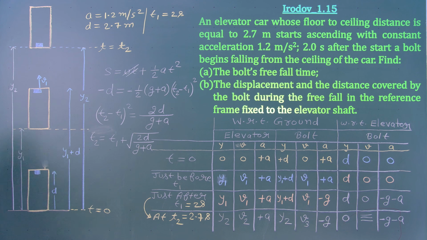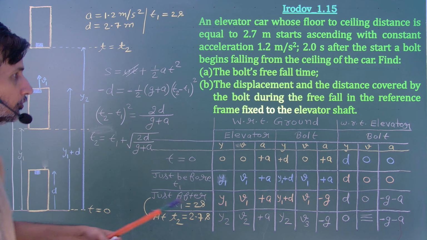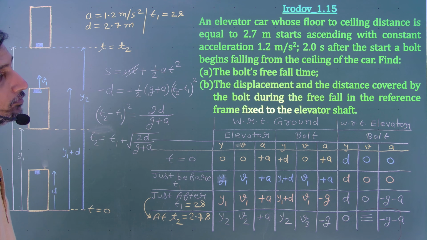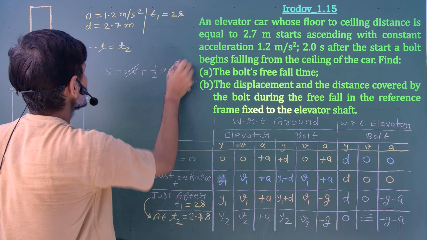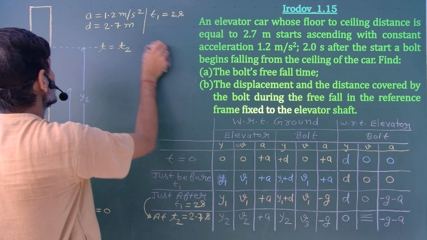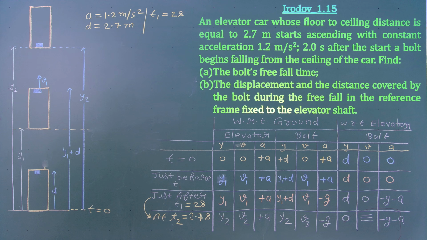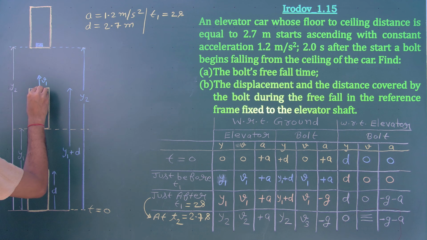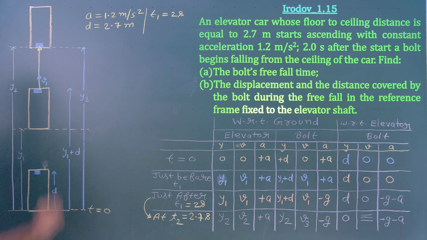But again we have to calculate the displacement and the distance covered by the bolt, not in the frame of the elevator, but in the frame of the ground. So what is the distance covered by the bolt during this time? Initially the bolt is here and now the bolt is at this position.